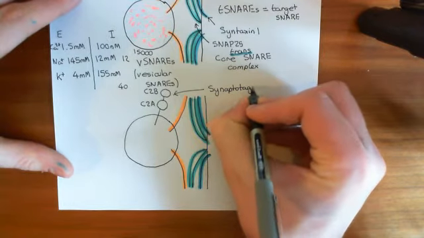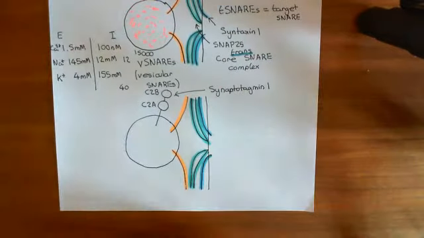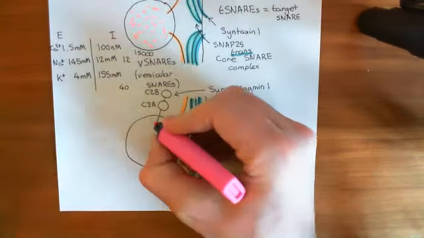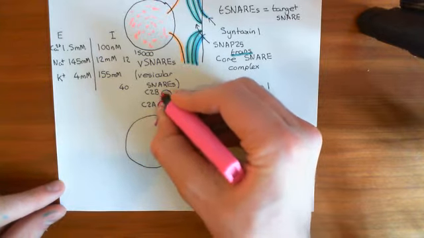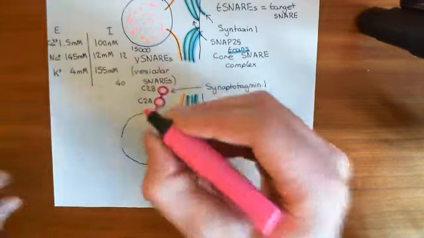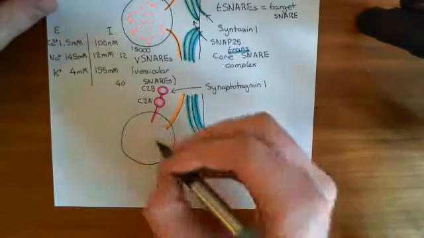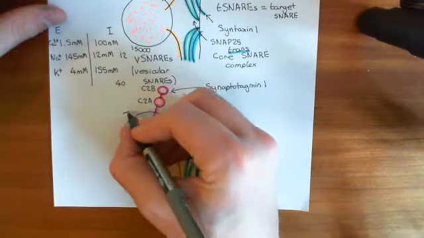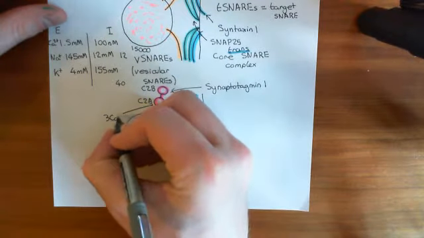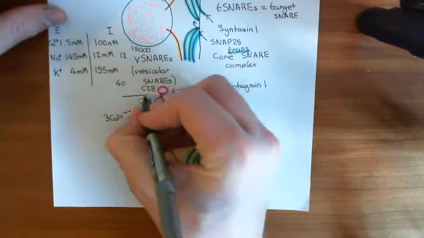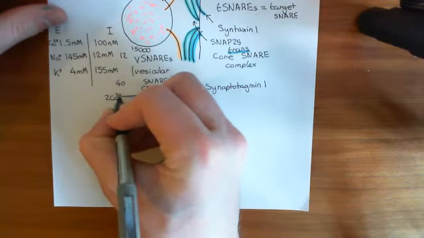I will outline Synaptotagmin 1 in this purple colour. These C2 domains are just protein domains which are capable of binding calcium ions. Overall, 3 calcium ions are capable of binding to the C2a domain, and 2 calcium ions are capable of binding to the C2b domain.